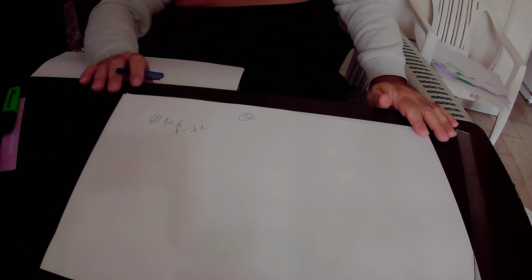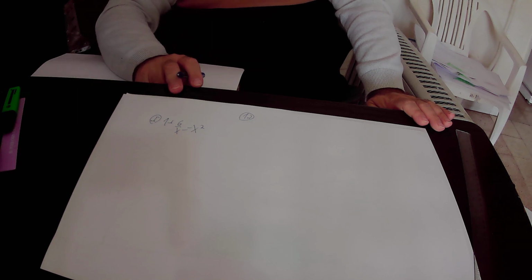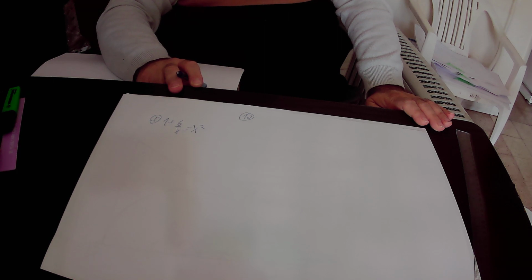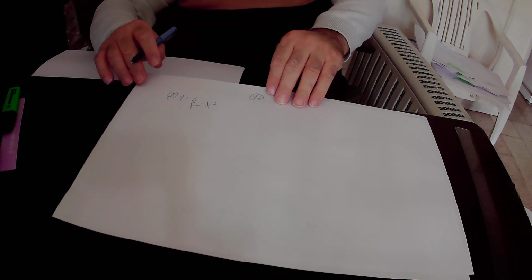So here we will multiply this equation by x. I will repeat again, it is allowable to multiply the equation by x because x can never be 0. x is the side of a triangle, and the side of a triangle can never be 0.